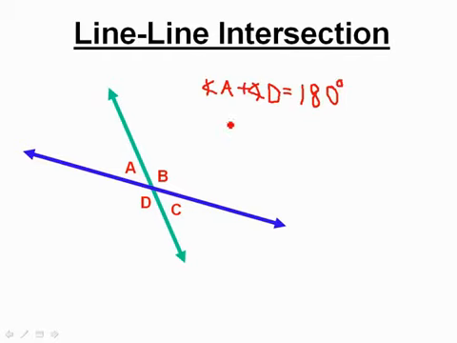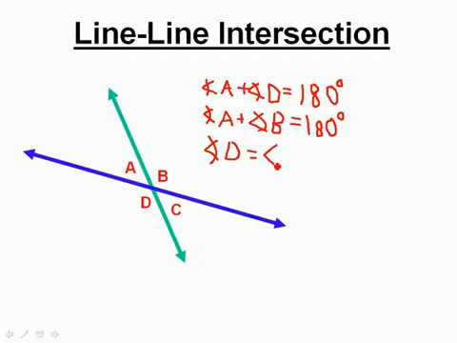Similarly, angle A plus angle B equals 180 degrees. But if you remember from earlier when we were talking about the different properties of equality, this would mean that angle D equals angle B. If you can think back, I think it was even the first math VTM lesson.